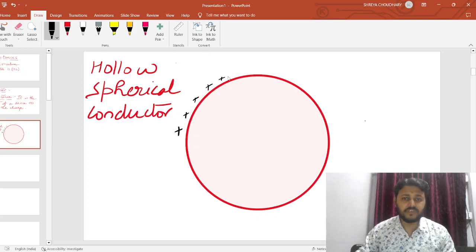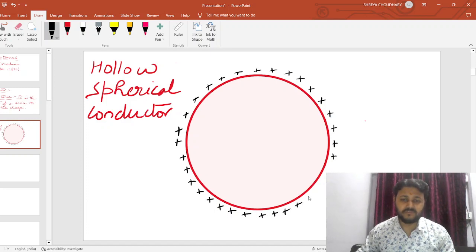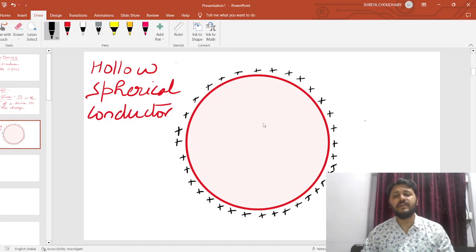Whenever we give positive charges to the conductor, the charges will appear on the surface of the conductor, like this, and the charges will redistribute themselves, making the surface an equipotential surface, because a sphere is a symmetric surface.